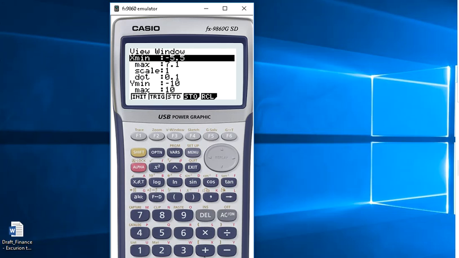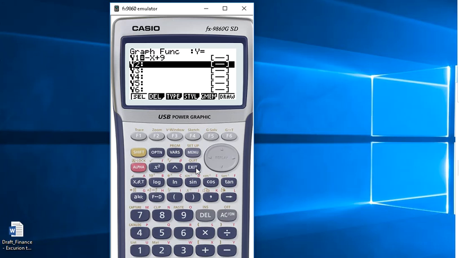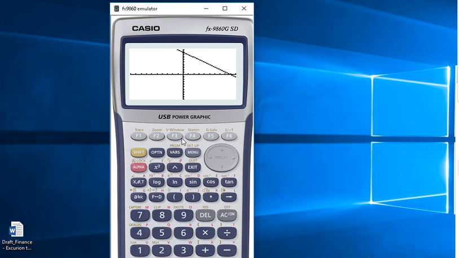We're going to make the minimum negative 10, blue execute, the maximum positive 10, blue execute. The rest, mine is still showing minus 10 for the Y minimum and positive 10 for the Y maximum. So now I press exit. I can draw it again on this new view window, which shows the X intercepts.